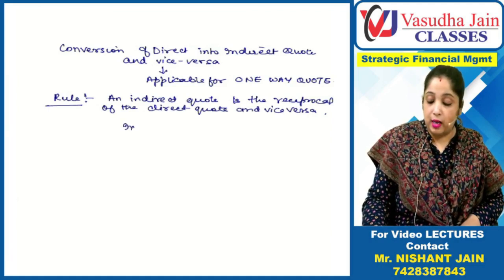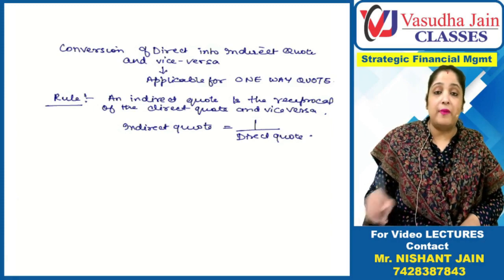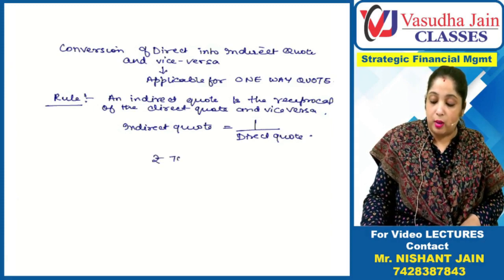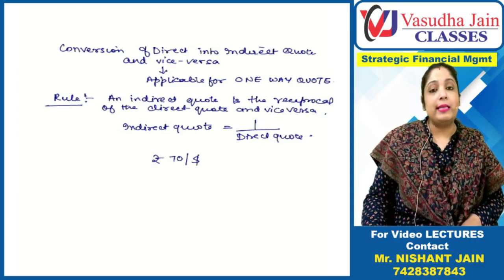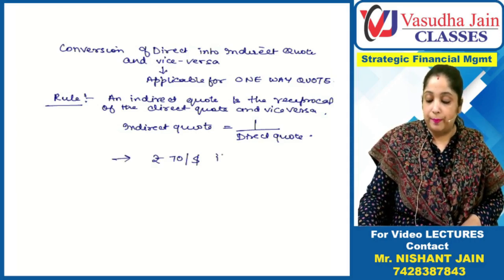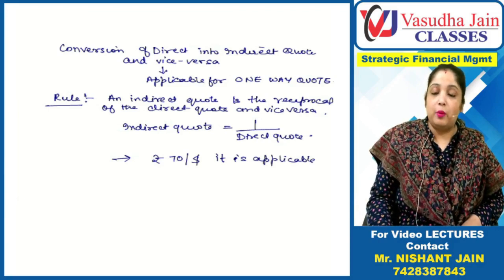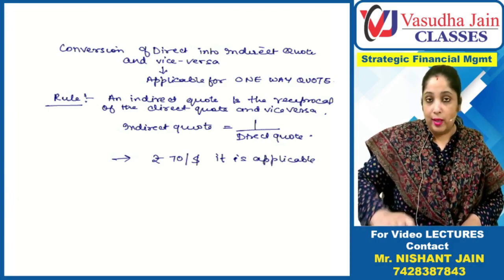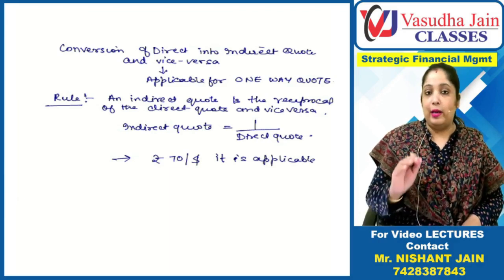That if you want to find out indirect quote, then very simple, you just have to take a reciprocal of the direct quote. But this rule you have to apply only for one-way quote. You remember one-way quote? One-way quote implies that only one rate is given to you, which is buying rate also and selling rate also. For this it is applicable. Okay. So this is the rule, and this rule is for vice versa also. Vice versa implies that if you want to find out direct quote and indirect quote is given to you, then 1 upon indirect quote. And you know what is direct quote and indirect quote.